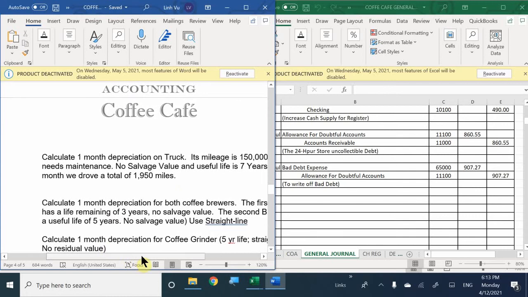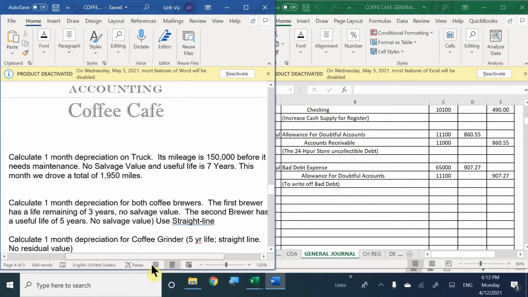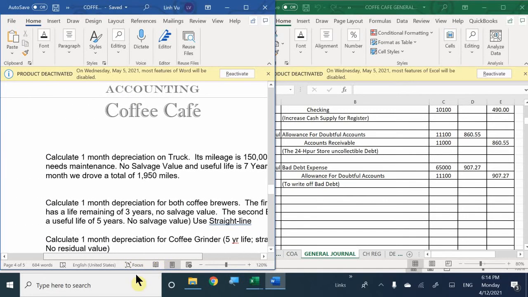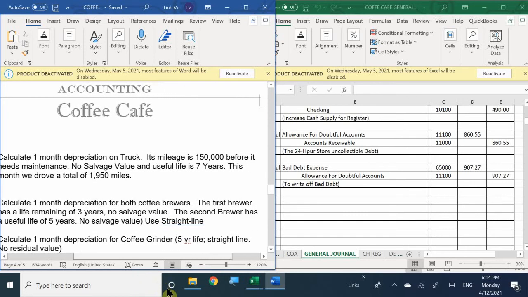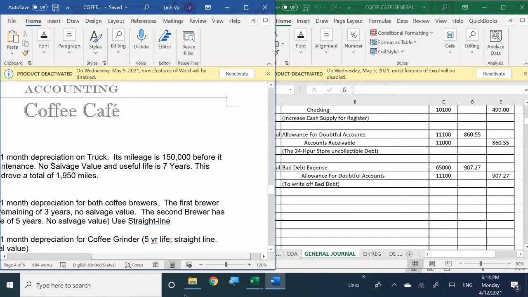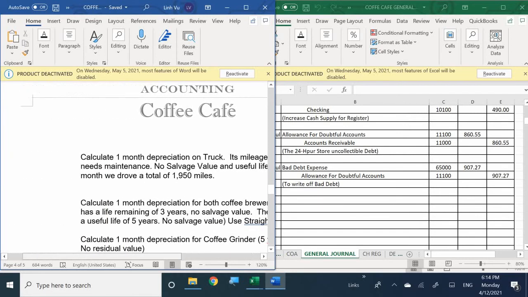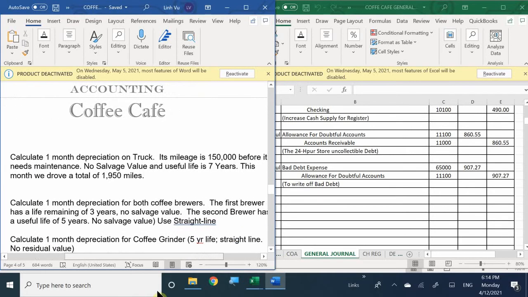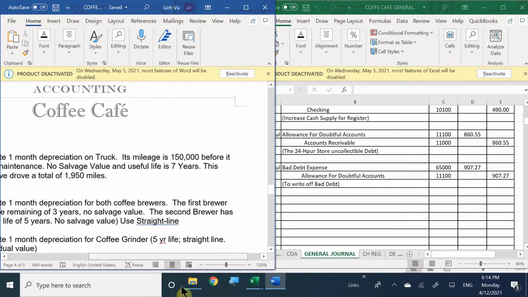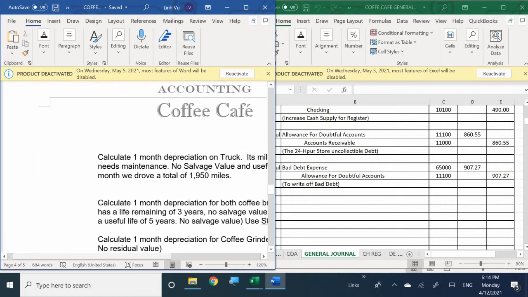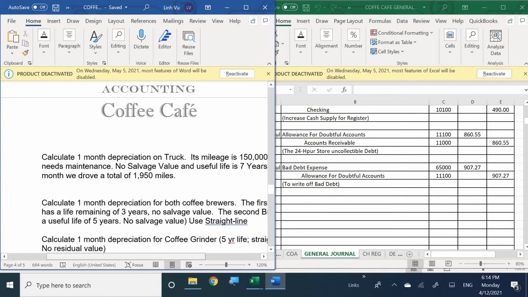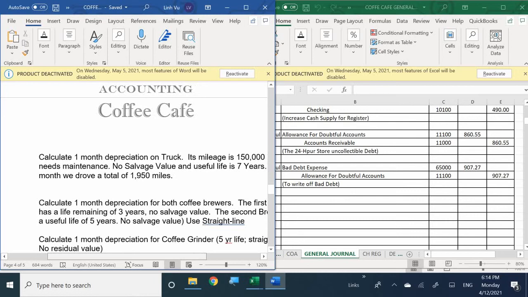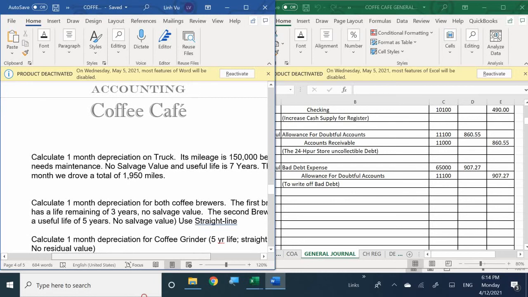So here we are, depreciation number 1, right? We're going to be calculating 1 month worth of depreciation on the truck. Once again, its mileage is 150,000 miles before it needs maintenance, no salvage value, and a useful life of 7 years. This month we drove a total of 1,950 miles.